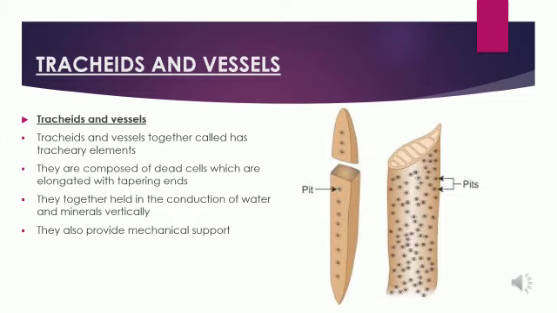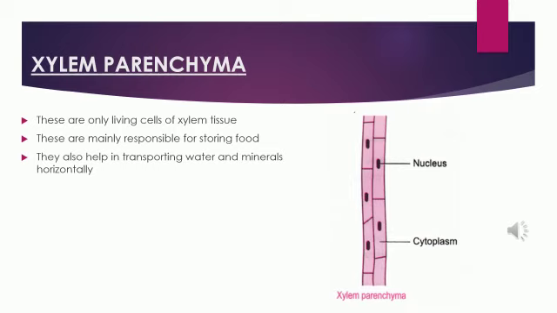As I said, children, the transport of water and minerals is unidirectional, that is upward. That means it moves vertically. You can see in the picture how tracheids and vessels look like. And one more function of tracheids and vessels is to provide mechanical support to a plant or a tree. So this is about tracheids and vessels.